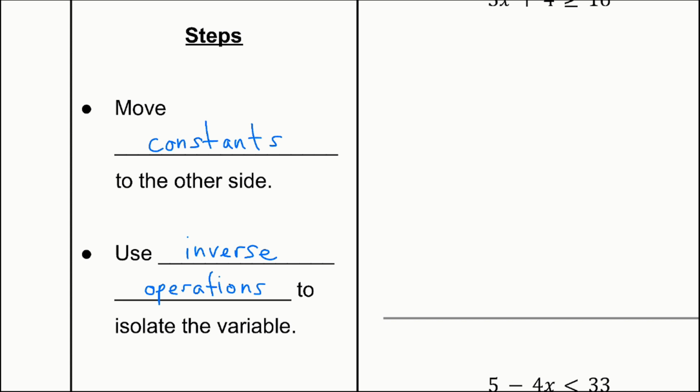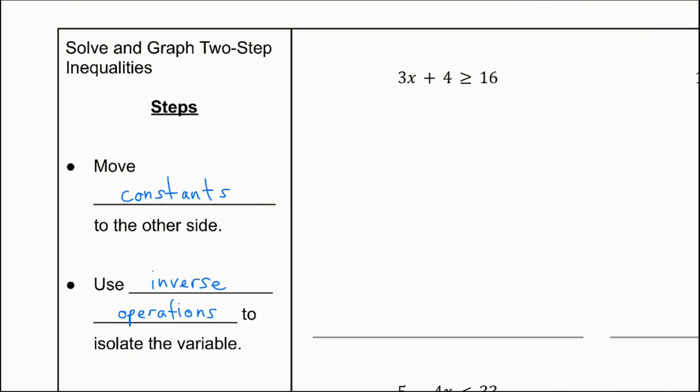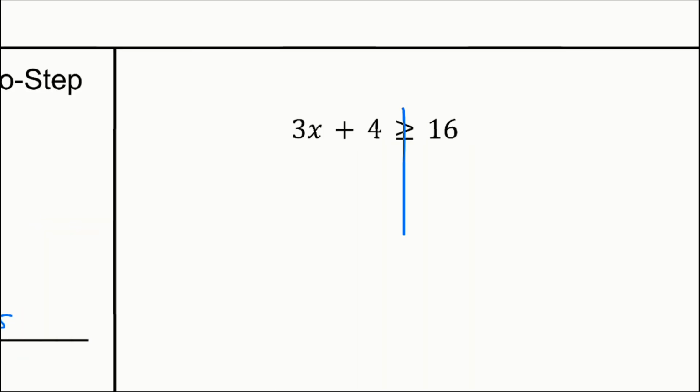Okay, so it's like you're solving a 2-step equation. But it's in an inequality, so that's the only difference here. We have 3x plus 4 is greater than or equal to 16. First thing that we need to do is move our constants to one side.